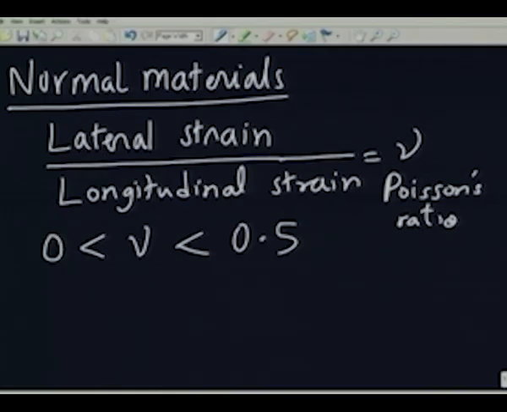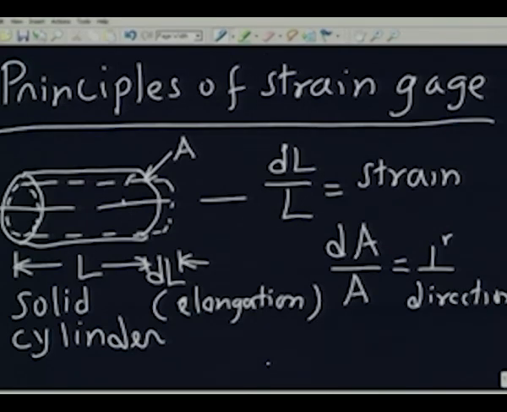Let us look at the consequence of that. So, lateral strain divided by longitudinal strain is equal to nu. So, we can see what is going to happen in the case of what we had earlier. We talked about a strain in the longitudinal direction, and a change in area.